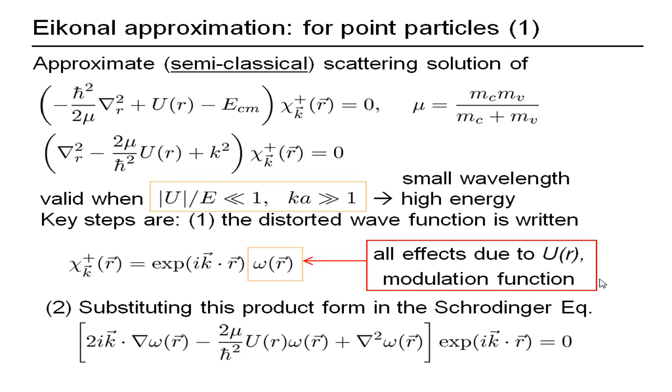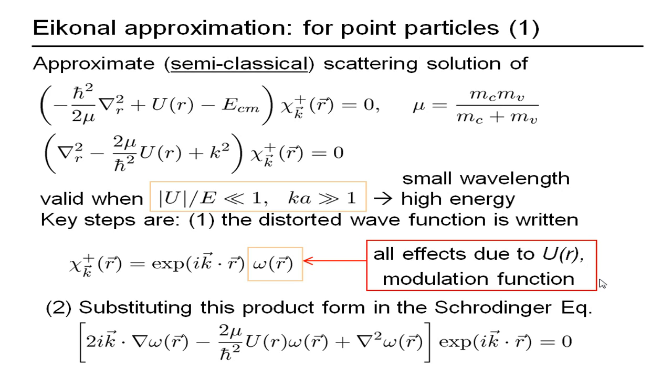Okay? So what this says is that this distorted wave is going to be modified from the plane wave, because there's a potential in the Schrödinger equation, and so this omega in some magical way takes into account all the effects, all the departures from the plane wave due to the scattering event. Okay, so all the effects of u sit in this function omega.